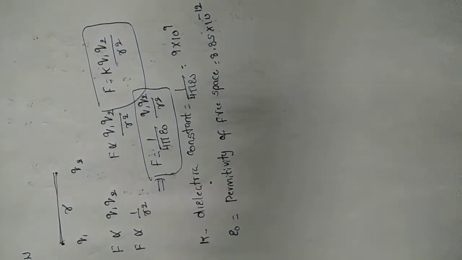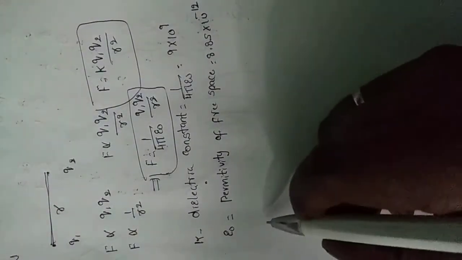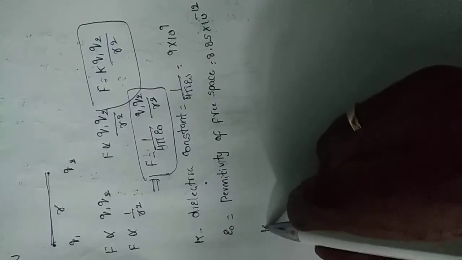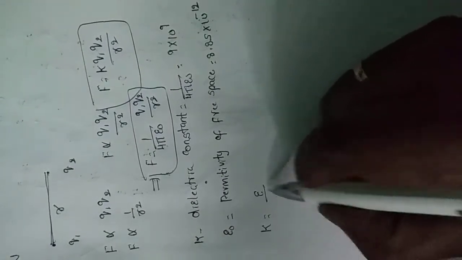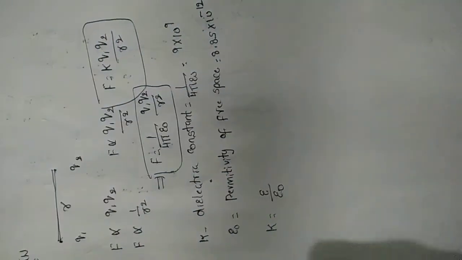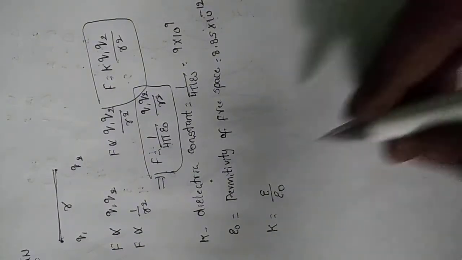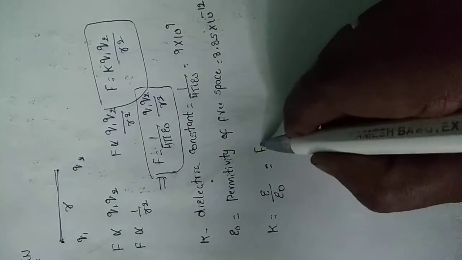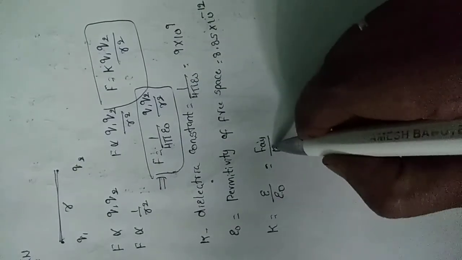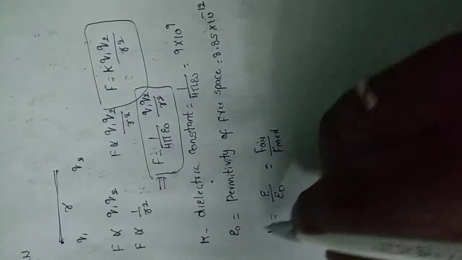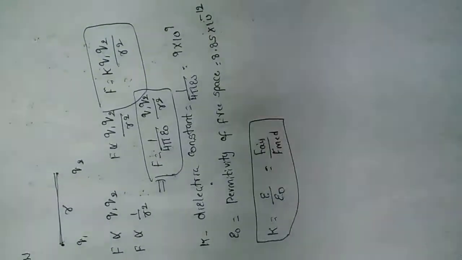So this is epsilon naught. Next, here K is equal to epsilon by epsilon naught, means permittivity of medium by permittivity of free space. That is equal to force between two charges in air by force between two charges in medium.